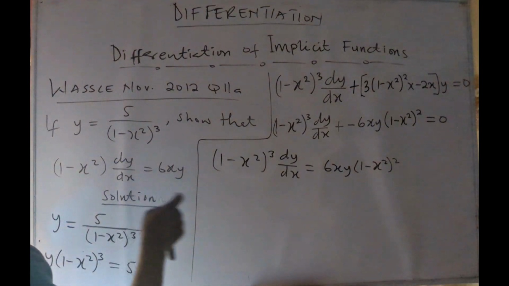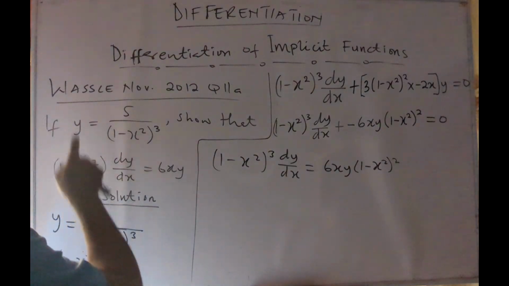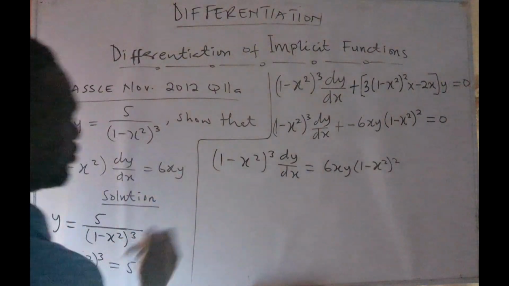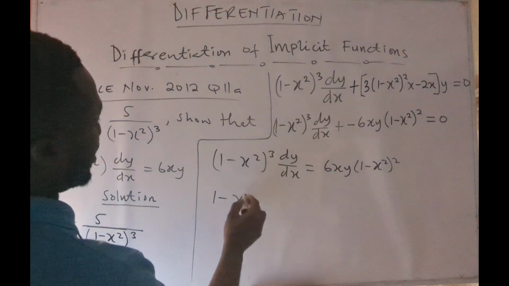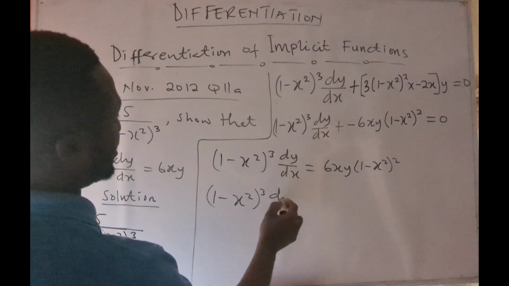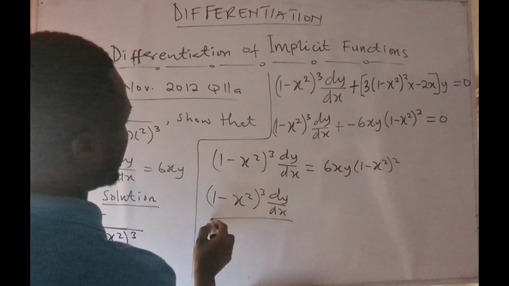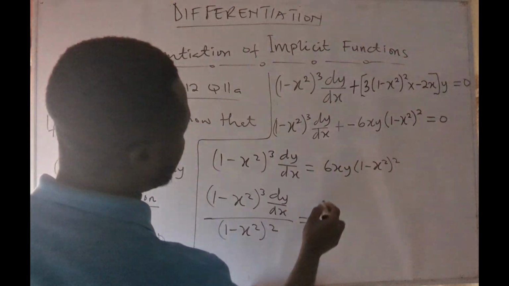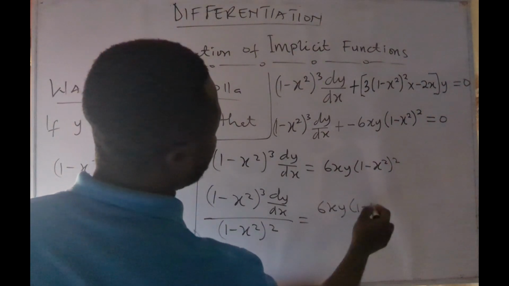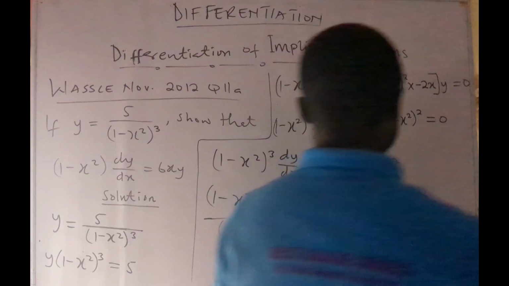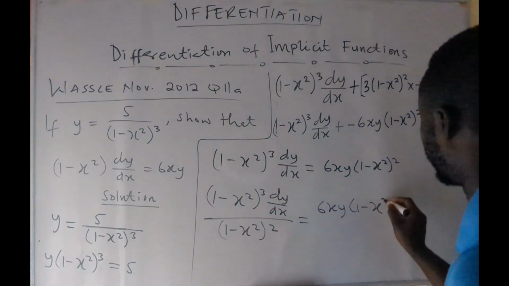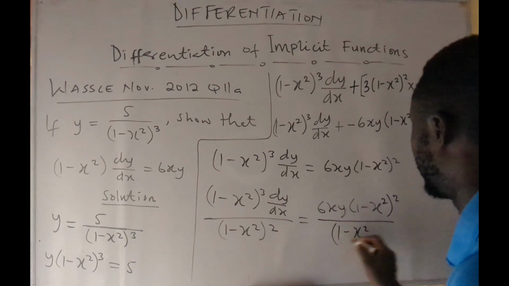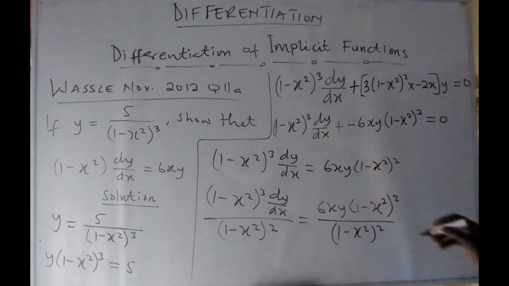So I have (1 minus x squared) cubed dy on dx, all divided by (1 minus x squared) squared, equal to 6xy (1 minus x squared) squared divided by (1 minus x squared) squared.